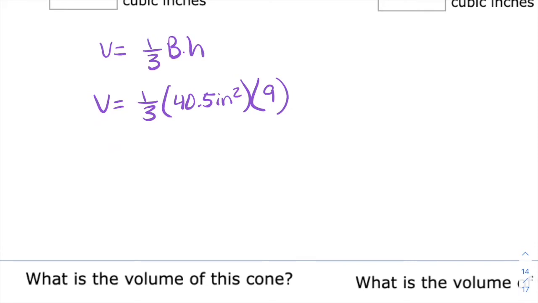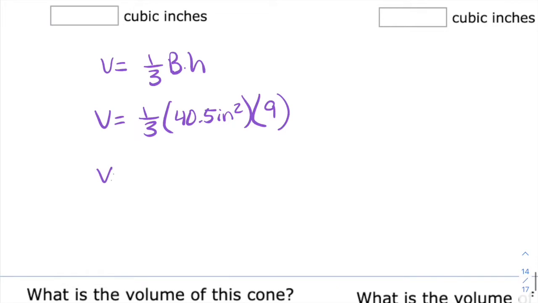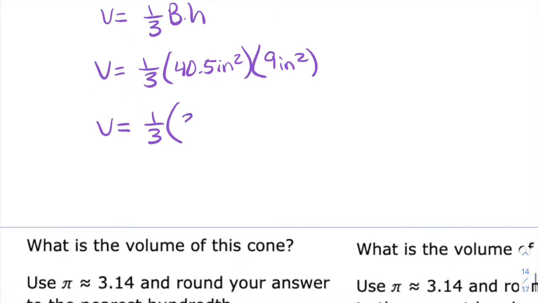Okay, so we are going to do volume. That's weird, it keeps doing that. Volume is 1/3 of 9 times 40.5, which is 364.5 inches cubed.